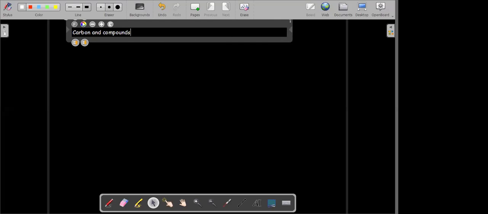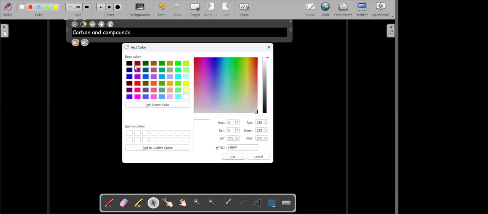Why are we going to study carbon only? Why don't we choose any other substance? Because of its versatility, its versatility to combine with more elements. Yeah, because of its versatility. Of course, we can add to it. So this is because of its versatility.